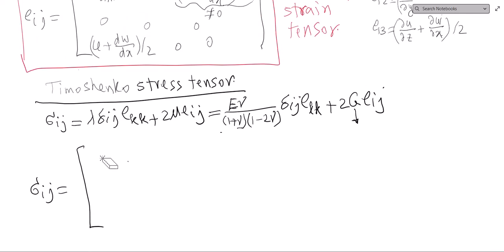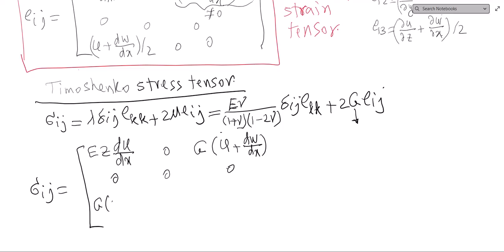That it would be Ez dphi dx, 0 and G times phi plus dw dx, again 0 0 0 for the second row, because it is 0 and this is symmetric again, and 0 and 0.